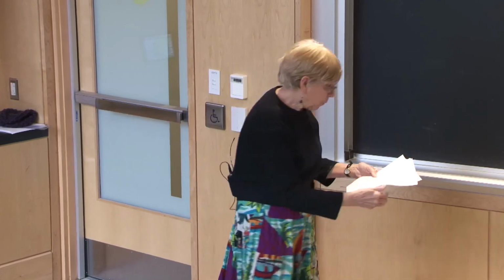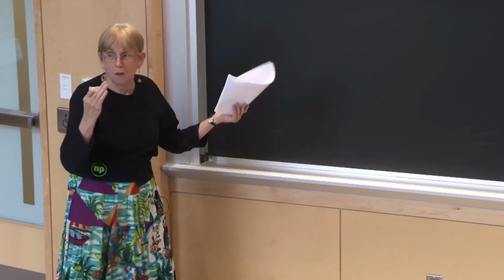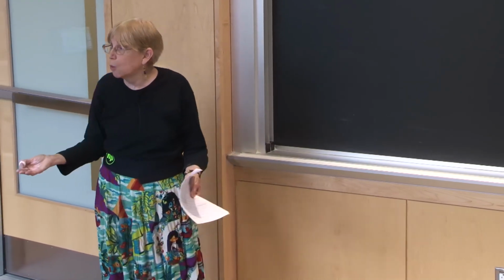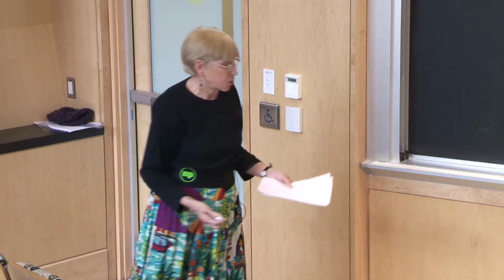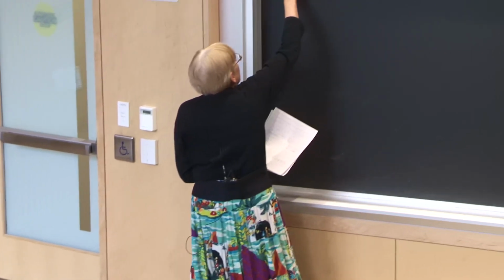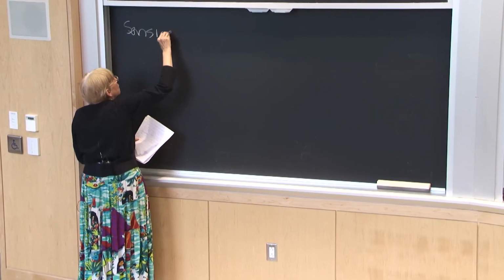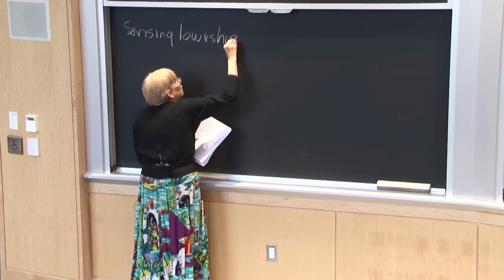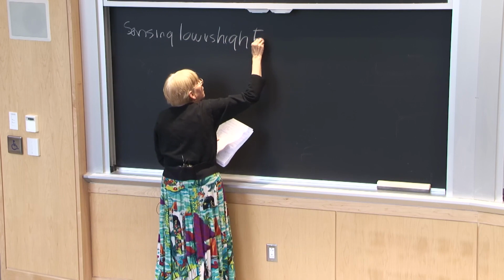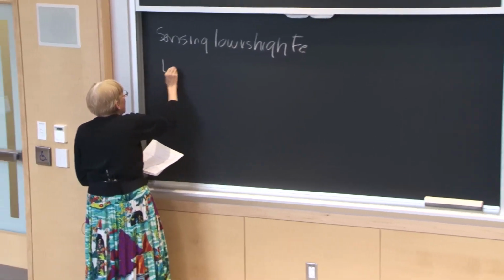We're going to look at two sets of conditions: one where you have low iron, and one where you have high iron. How do you sense those conditions? That's the question. We're sensing low versus high iron. Okay, so let's look at low iron first.